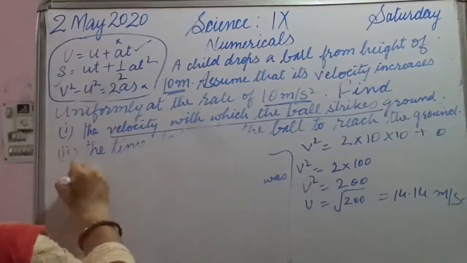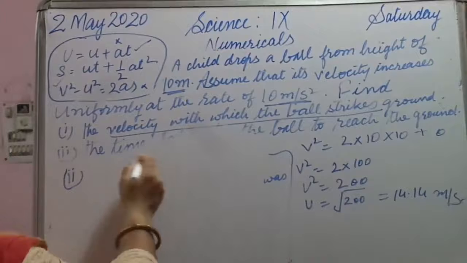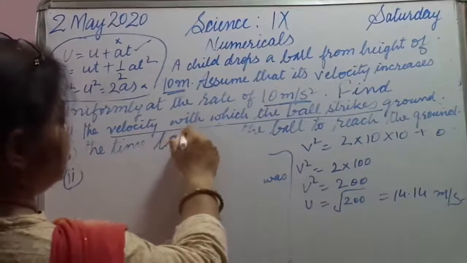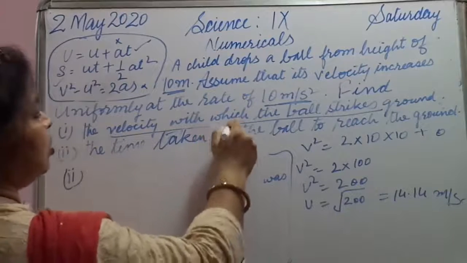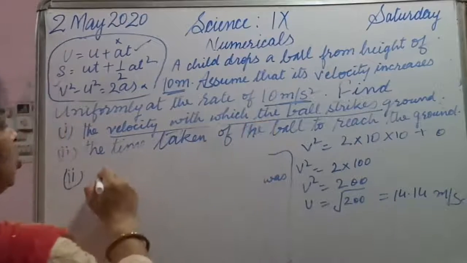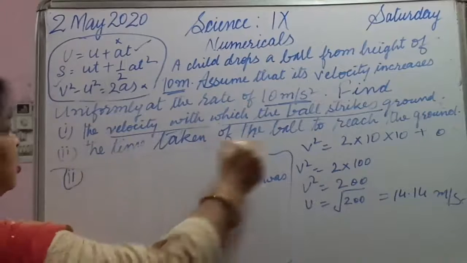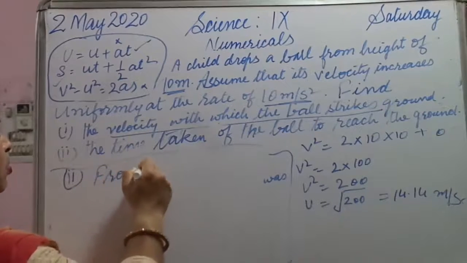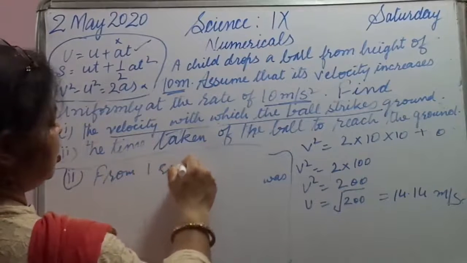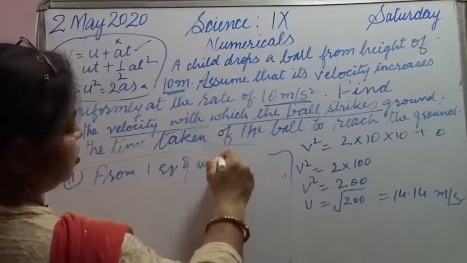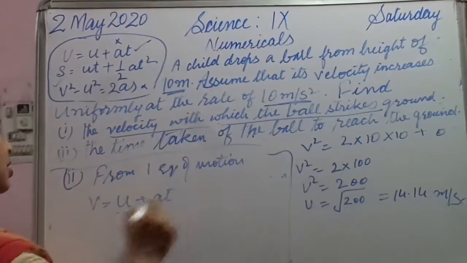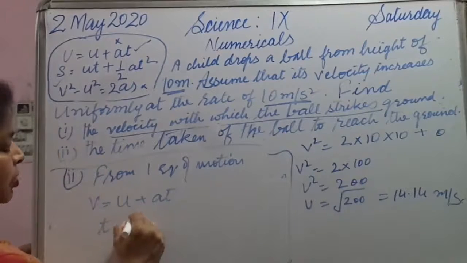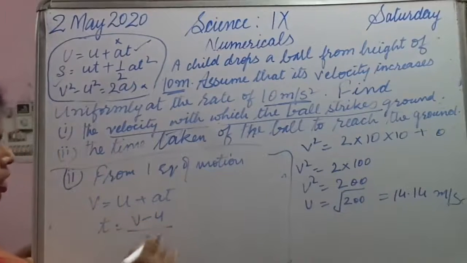Second part, the time taken by the ball, from the first equation of motion. What does it become? V is equal to U plus AT, or T is equal to V minus U upon A. Okay, so we can put the values.